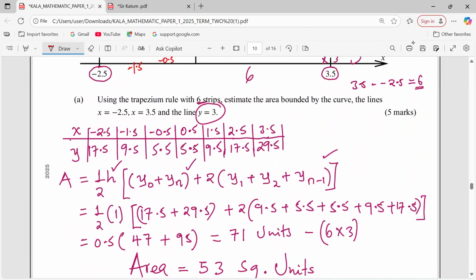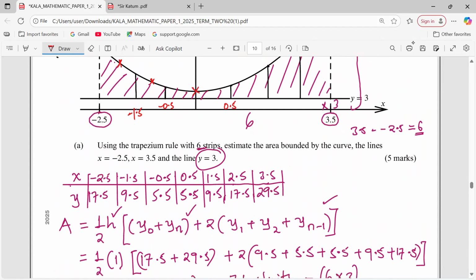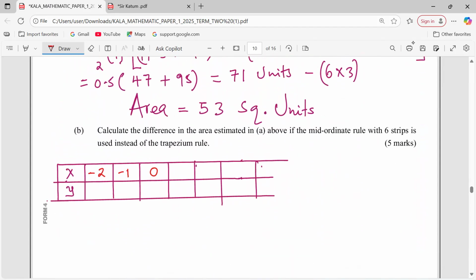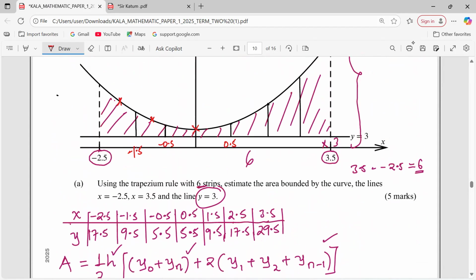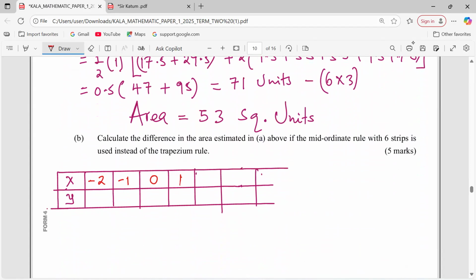We go to the next. From negative 0.5 to positive 0.5, the average is exactly 0, so the height at x equals 0. The next shall be from 0.5 to 1.5, the height of the strip at the middle, which is exactly 1, so the height at x equals 1.